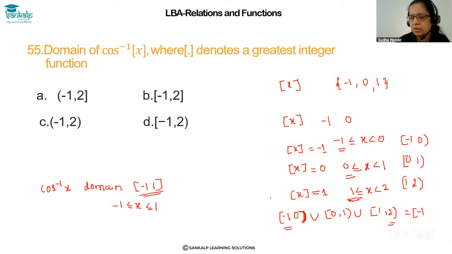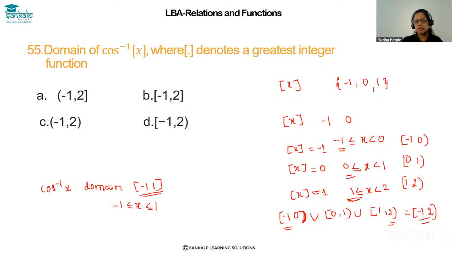So that is the required domain. The domain of cos inverse of greatest integer x is closed -1, open 2.